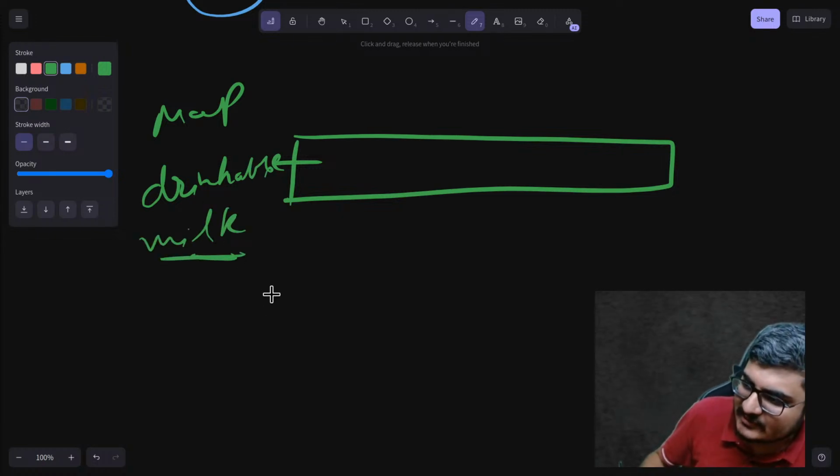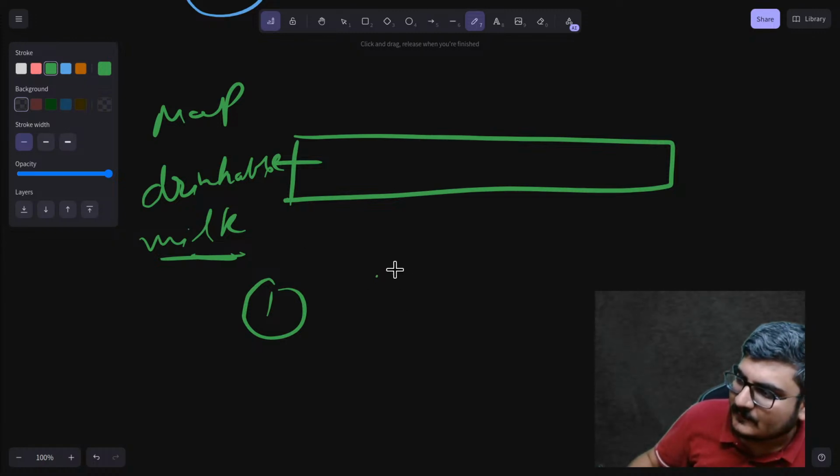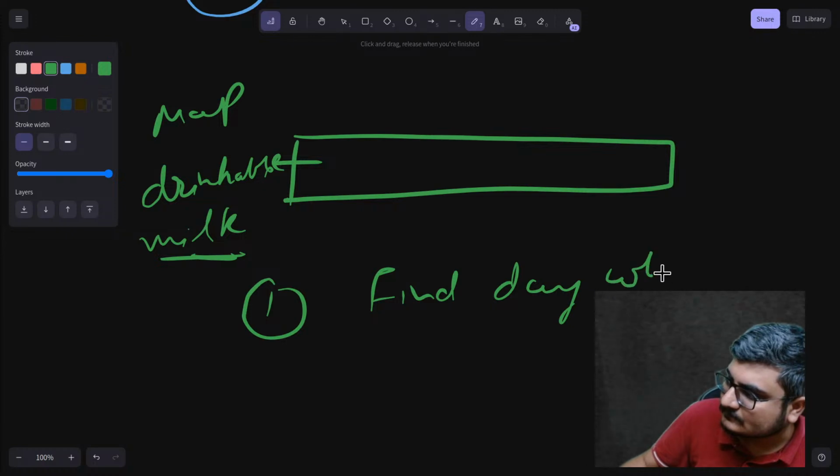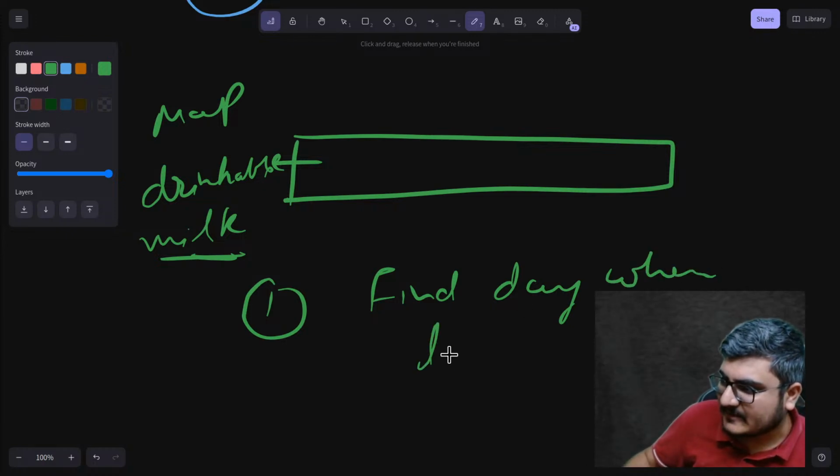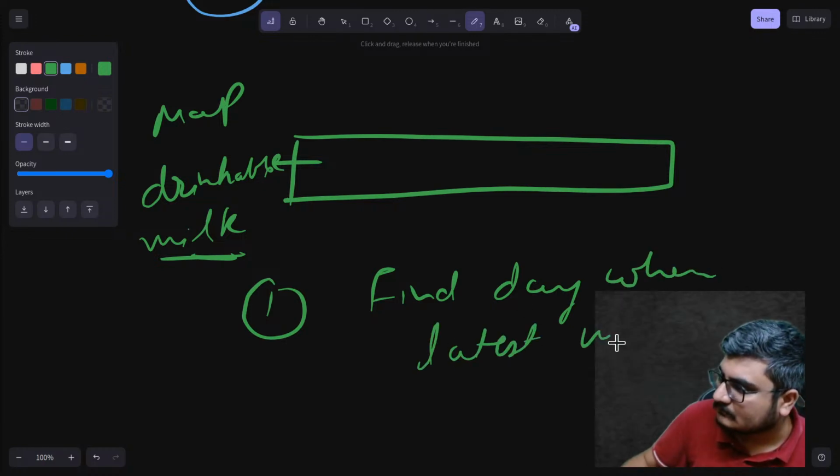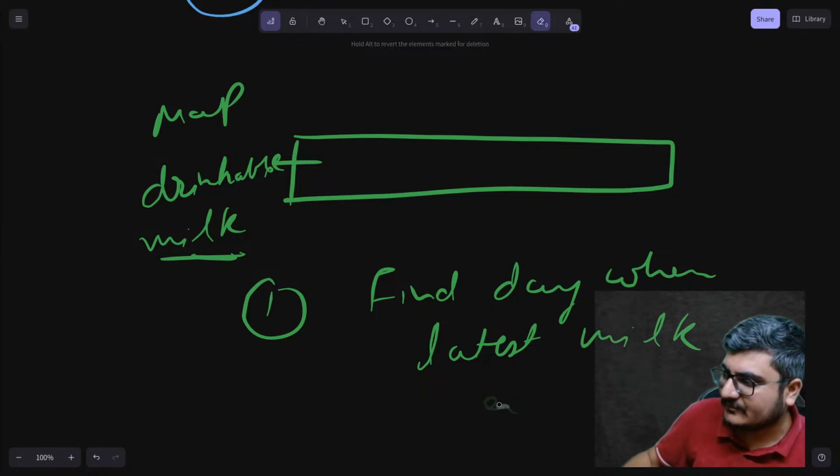And you will have 3 scenarios. Find 3 dates. Find the day when the latest milk expires. Or even before that, we will have 2 scenarios.